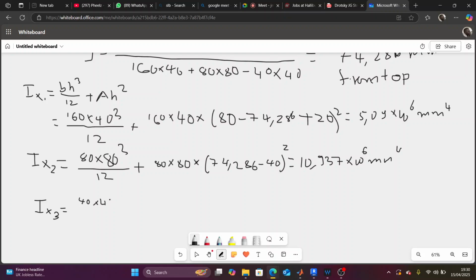40 times 40 cubed divided by 12, times 40 times 40, multiplied by that distance, which should be the same: 74,286 minus 40 squared. What do we get as answer?